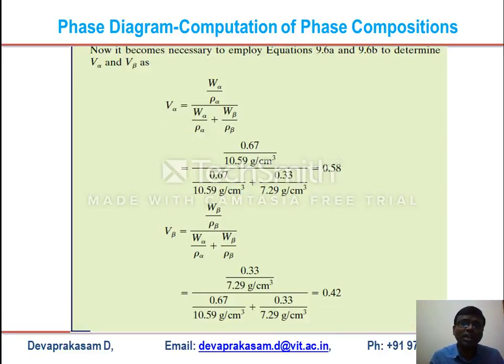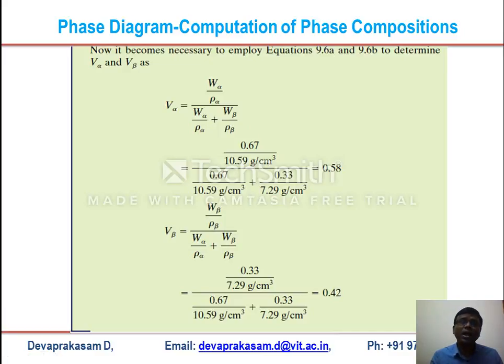Now it is easy to convert. Use this formula. What is the volume fraction of the alpha phase? It is the mass fraction of the alpha phase divided by the density of the alpha phase, divided by the same term plus the mass fraction of the beta phase divided by its density, because there are two phases present, so you have to take this fraction also.